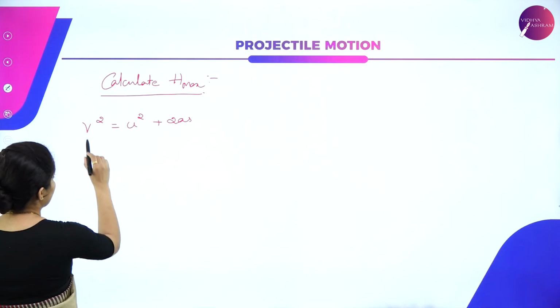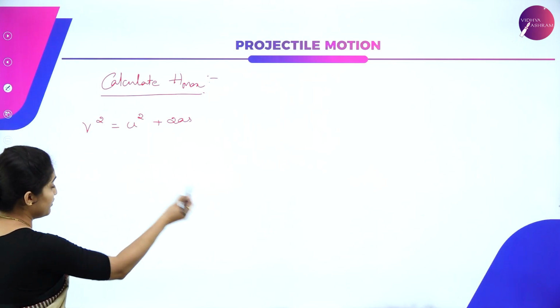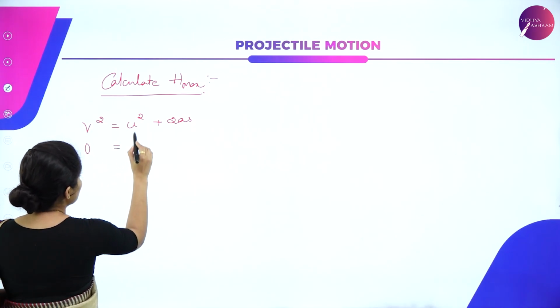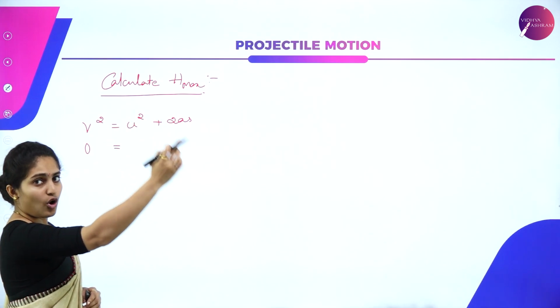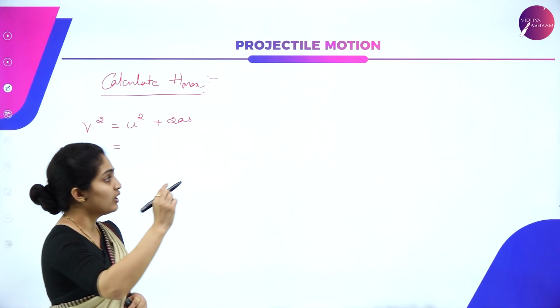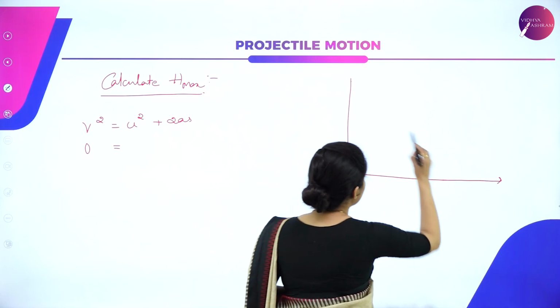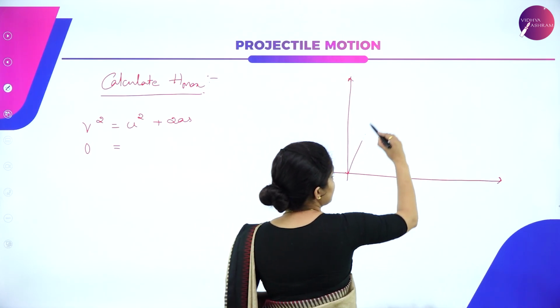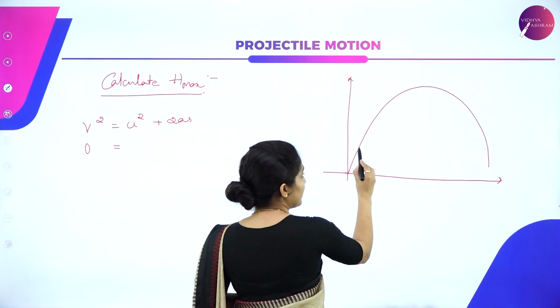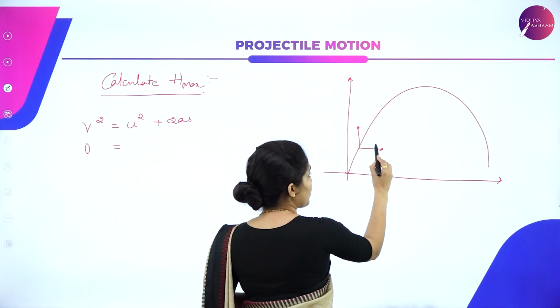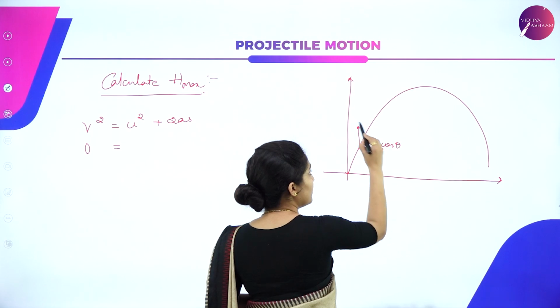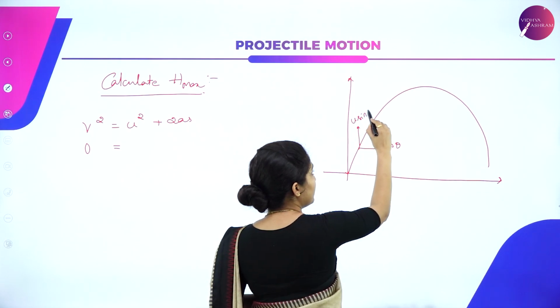Now v square, the final velocity, is 0. U square is nothing but, since it's a moving component, we have the y-axis, the x-axis, and a parabolic path, and we have the resolved components u cos theta and u sin theta.